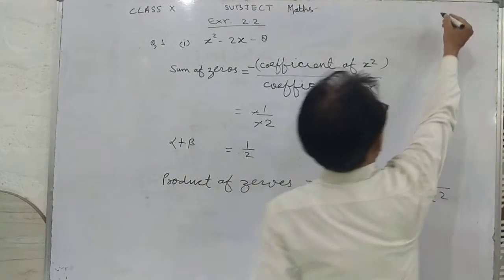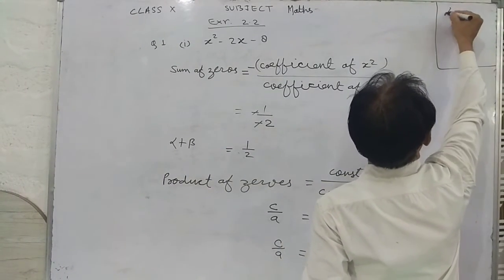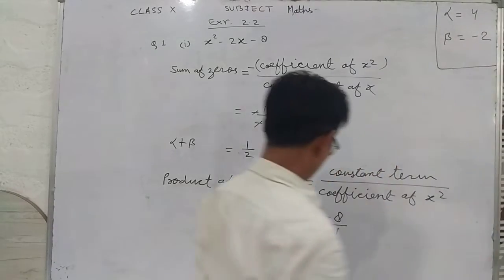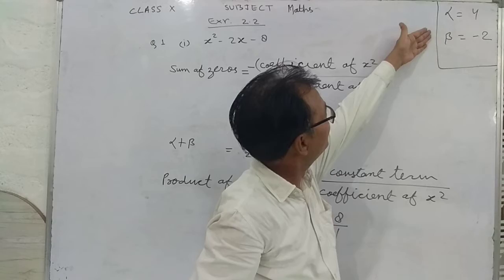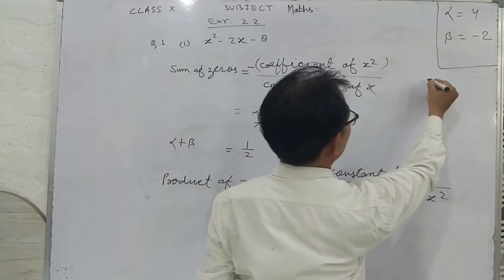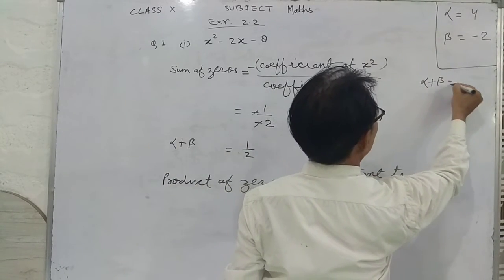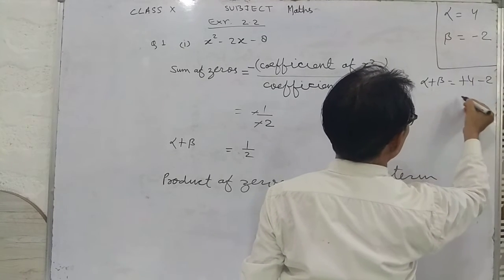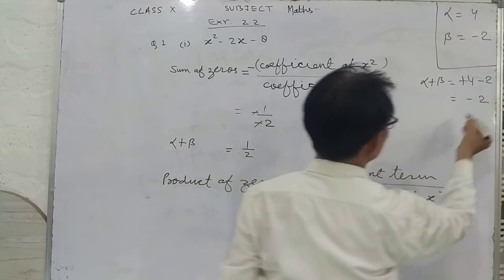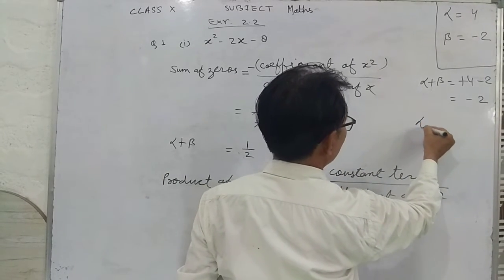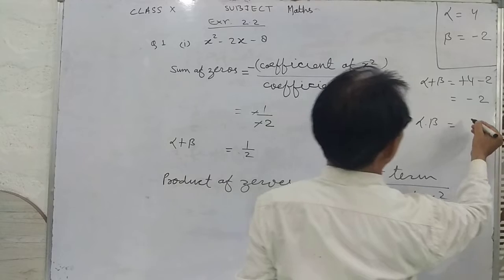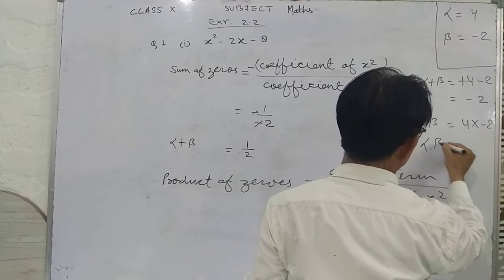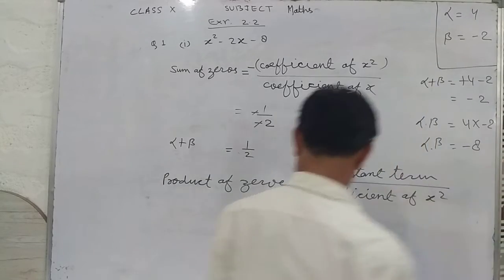Now at the initial stage we found alpha as 4 and beta as minus 2. By these zeros we can calculate alpha plus beta equal to positive 4 minus 2, that is equal to 2, and alpha into beta equal to 4 multiplied by minus 2, so alpha into beta is minus 8.